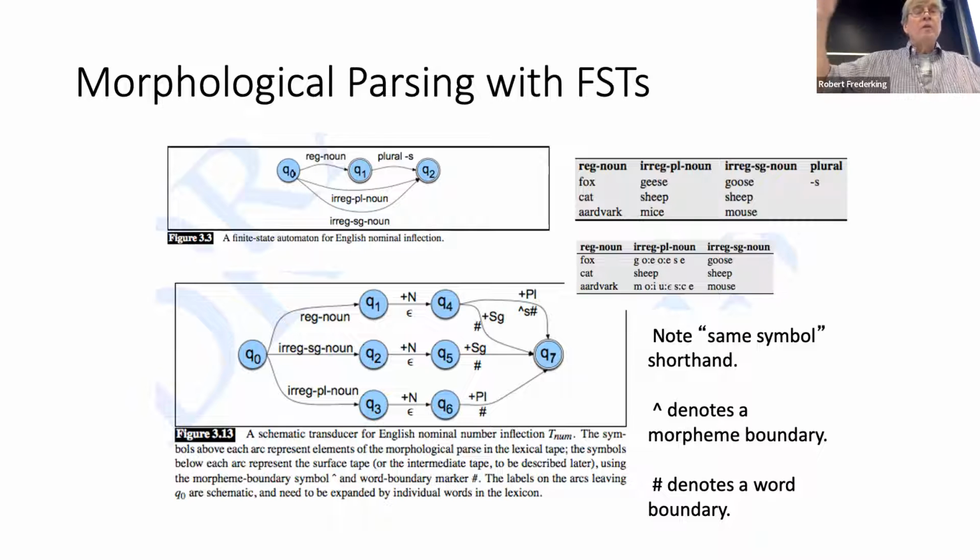We're going from the deep form to the shallow form. And so we're taking the feature markers and the root words and producing the surface words. And so when it comes out of here, you get the surface forms of the morpheme pieces separated by carets with a hash mark at either side.